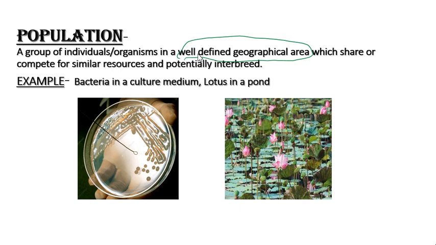Now next, coming to the examples. What are the examples of a population? See, bacteria in a culture medium. Now why have I written bacteria in a culture medium? Because first of all, this is there in your NCERT lines. Secondly, there is a chapter in your class 12 called microbes in human welfare.